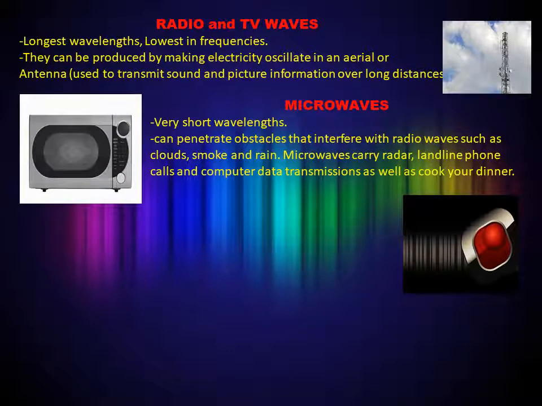Example of that is the microwave. On microwaves, we also have the radar, and terrestrial communication, wherein it is used to transmit television news coverage from mobile broadcast vehicles back to the station. Of course, in the picture, the microwave oven.